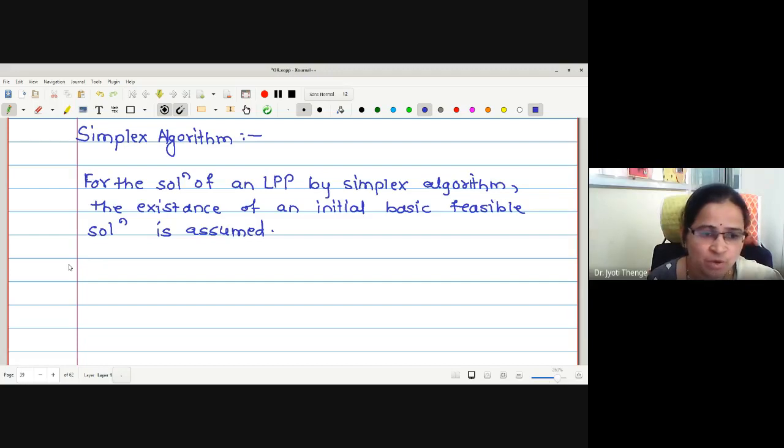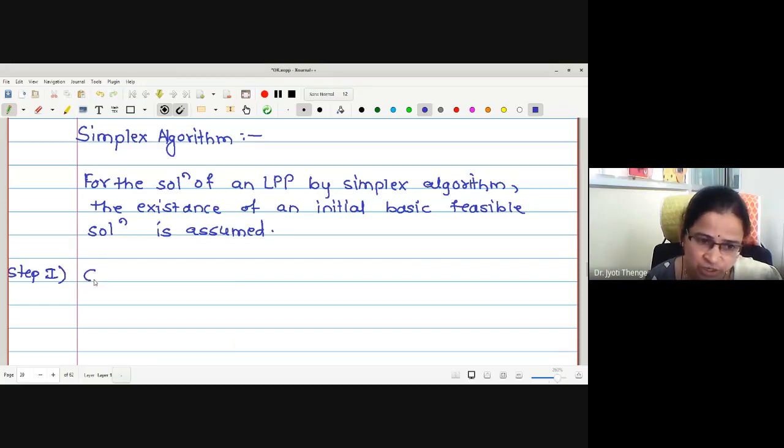Now step number 1 in the simplex algorithm is we want the objective function of the given linear programming problem to be in the maximization form. And if not, we know what to do.